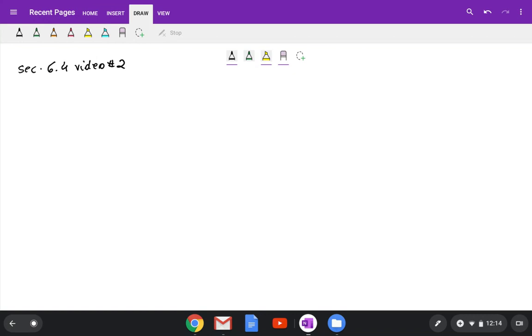Section 6.4, video 2, logarithmic functions. In the last video we stopped on graphs, so I'm going to continue with graphs. This is going to be the second case, decreasing graphs.